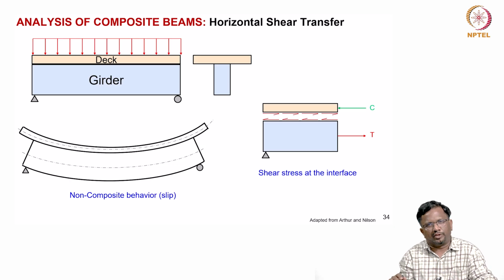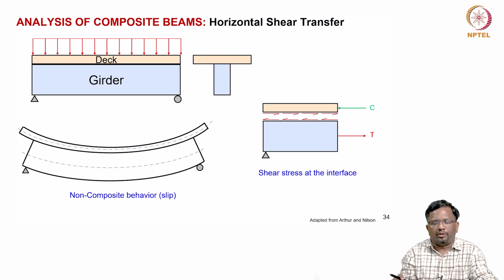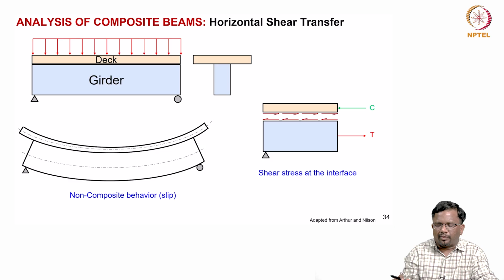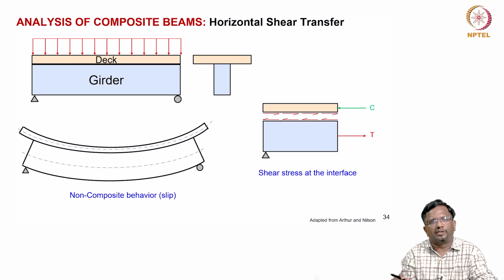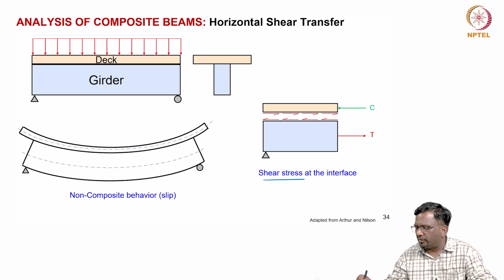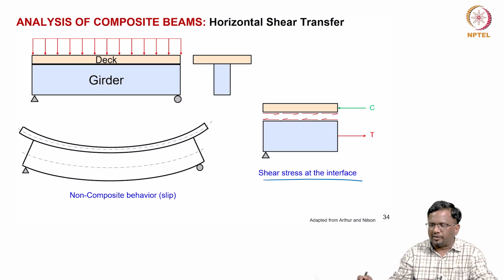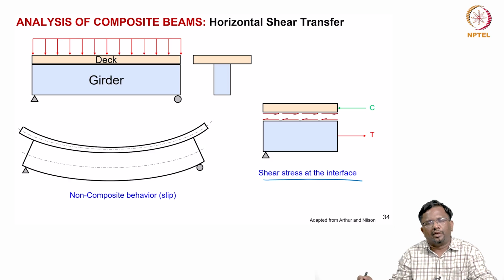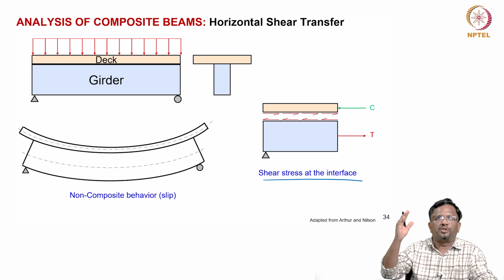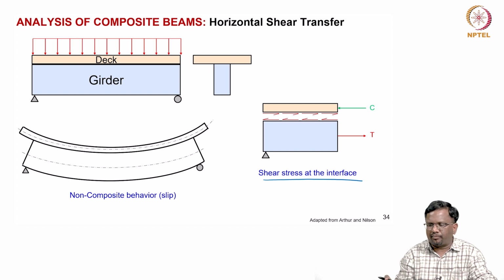If the interface is not good, then slip will happen at the interface, which is going to create non-composite action. So, these kinds of shear stresses are going to develop at the interfaces, and we need to design for that by providing adequate shear reinforcement across that interface.